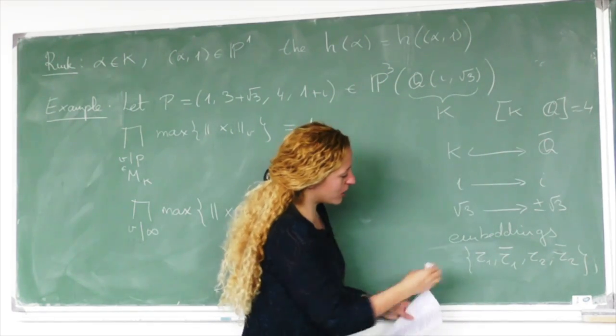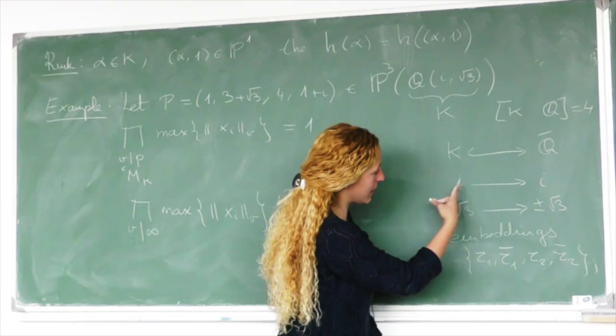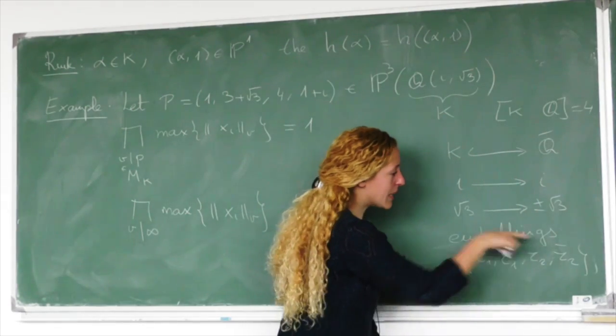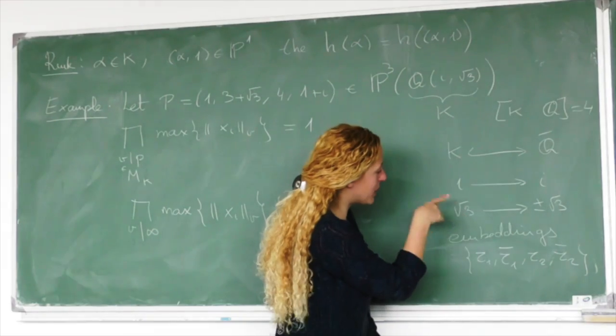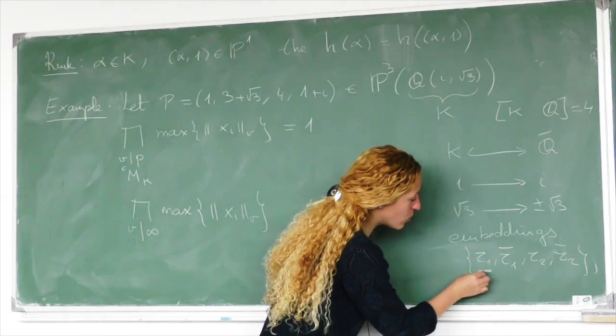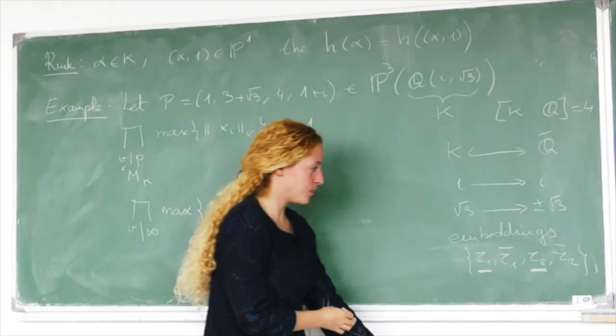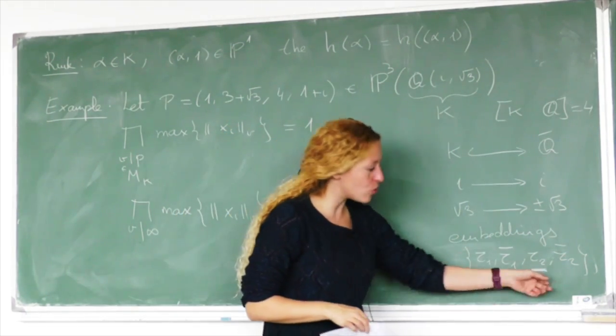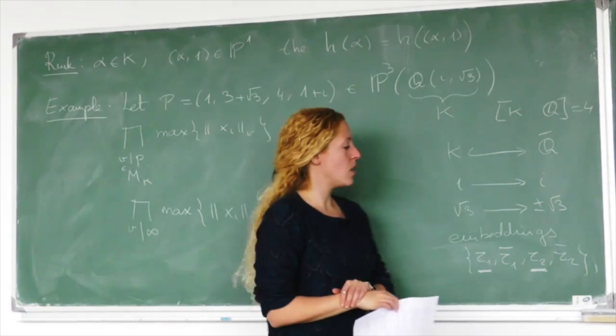So I can assume that tau 1 is the one that sends i to i and square root of 3 to square root of 3, and tau 2 also sends i to i, but sends the square root of 3 to minus the square root of 3. So I'm going to have two Archimedean absolute values that correspond to these two embeddings, okay?